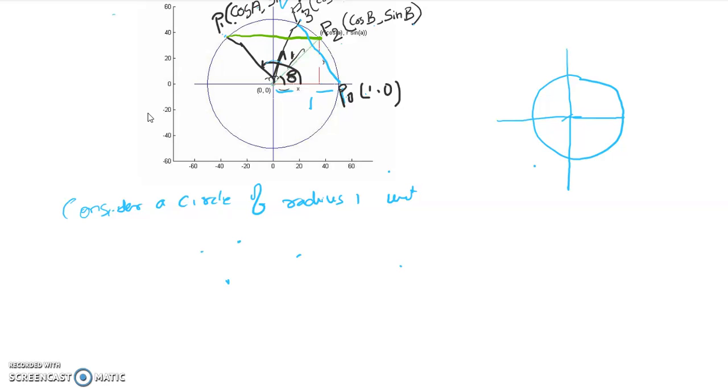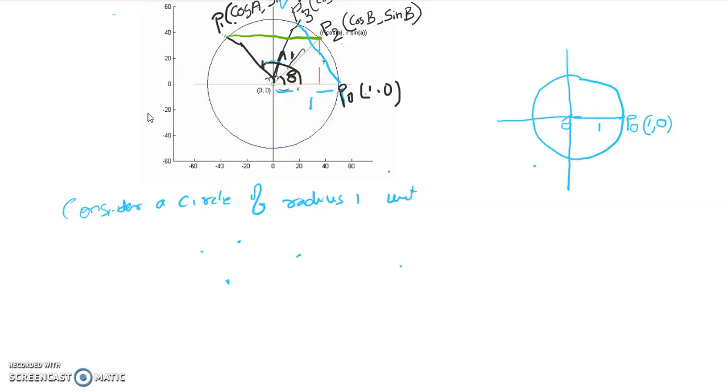This origin O is the center of the circle, O (0, 0), and let this point be on the circumference of the circle, lying on the x-axis. Let me call this point P0. Since the radius of this circle is 1 unit, the x coordinate of P0 is 1, and since it is on the x-axis, its y coordinate is 0.